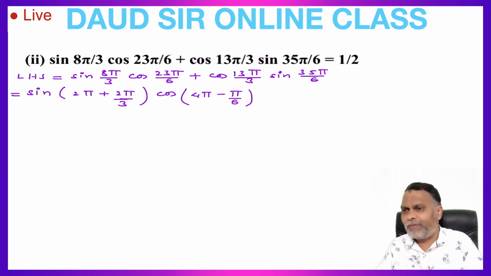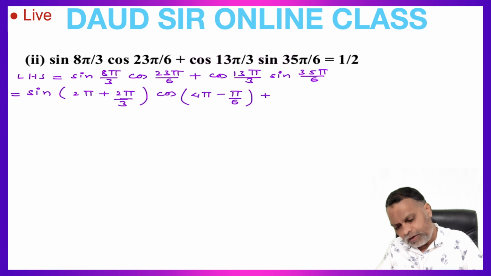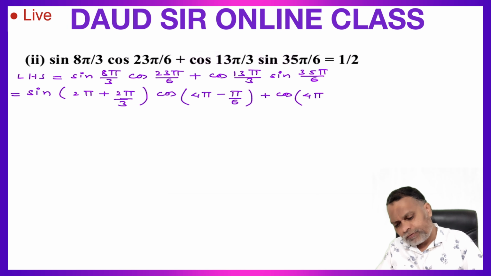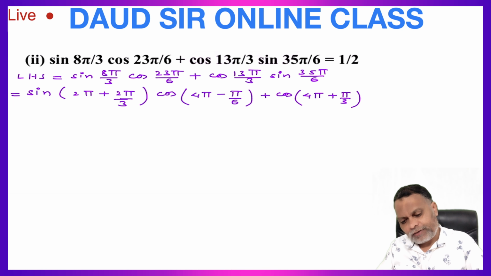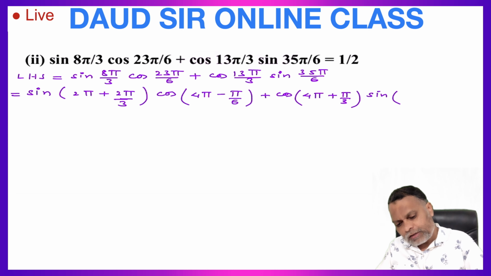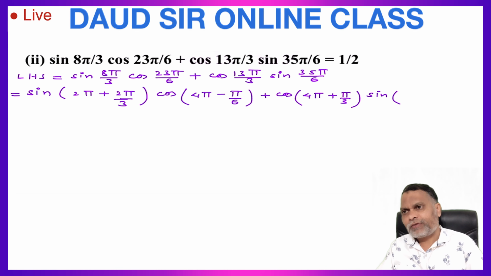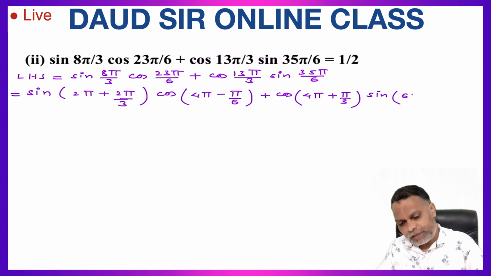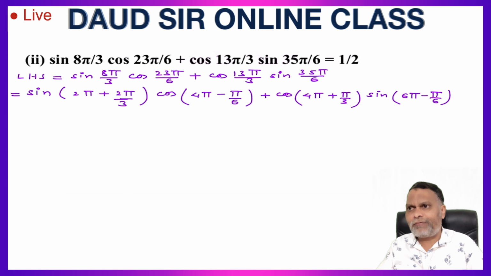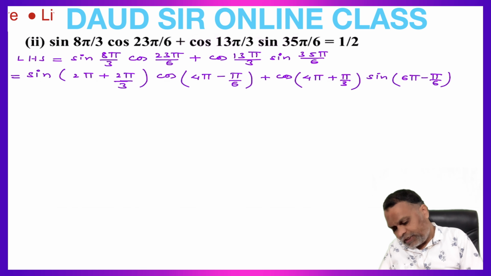Plus cos, divide this 13 by 3, 3 fours are 12, 4 pi plus pi by 3, LCM 3, 3 fours are 12 pi plus pi, 13 pi by 3, and sine 35 pi by 6, divide this 35 by 6, 6 sixes are 36, so 6 pi minus pi by 6. After LCM, again 35 pi by 6. So we can write in this way.